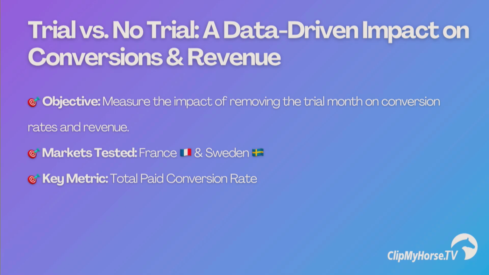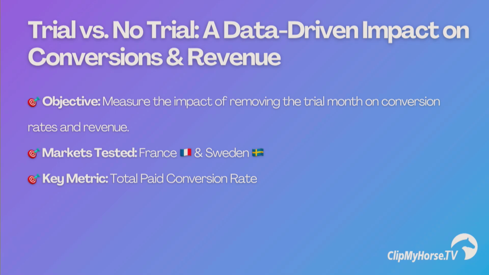As a subscription-based service, we often offer a trial month to our users so that everyone can experiment with the app, enjoy the content, and eventually become a paying customer. And we did an A/B test experiment to compare trial versus no trial variants, and I will show you the results from it.